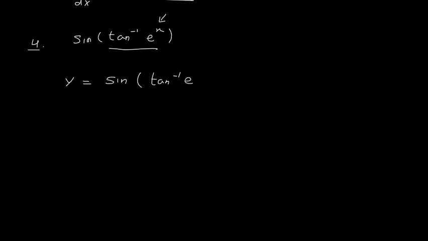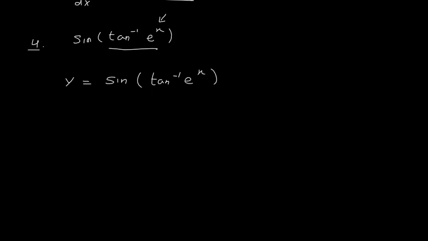Now fourth question. Sine of tan inverse e power x. Now again this is a composite function. Here in place of x we have a function tan inverse e power x, and again in that, in place of x we have a function e power x. So let us first take y is equals to sine of tan inverse e power x.